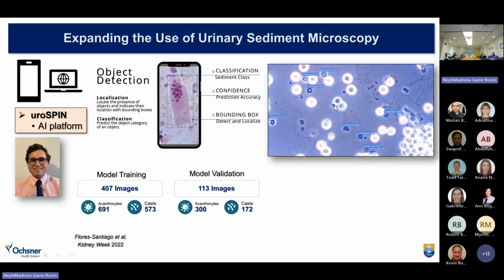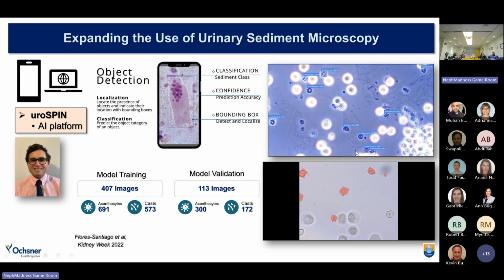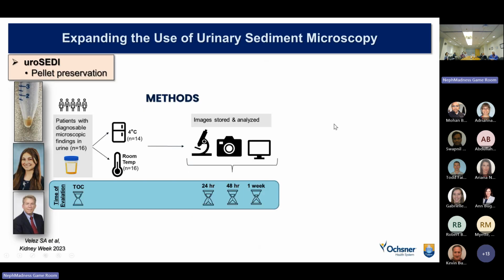So the program can actually circle what the program thinks is an acanthocyte and provide you percentage of probability, or they can essentially color the acanthocytes for you. So if you see a red color, the AI program is telling you that that's an acanthocyte. So this is work in progress, but this is sort of what we envision: to develop an app that you can pull on your phone, and so the AI does the work for you.